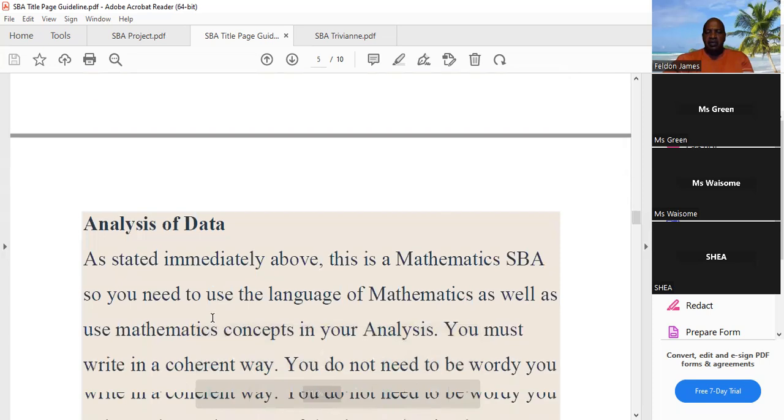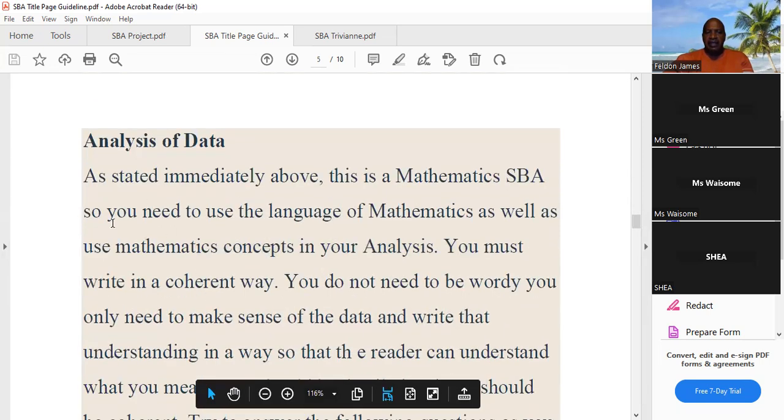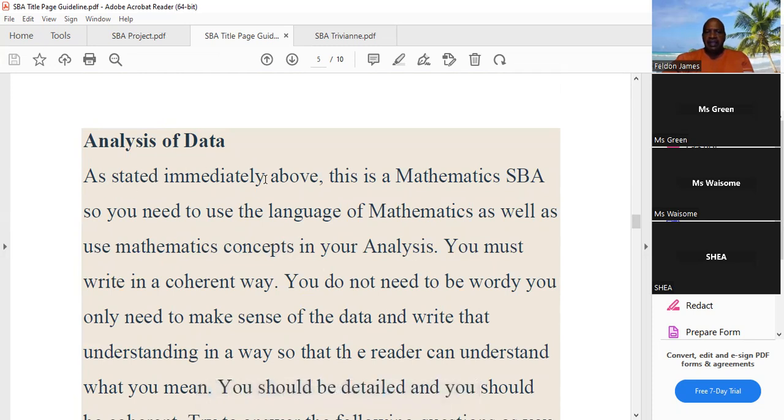The next thing that you want to do is to analyze your data. Now, as stated immediately above, this is a mathematical SBA. So you need to use the language of mathematics as well as use mathematical concepts in your analysis. So you must write in a coherent way. You do not need to be wordy.